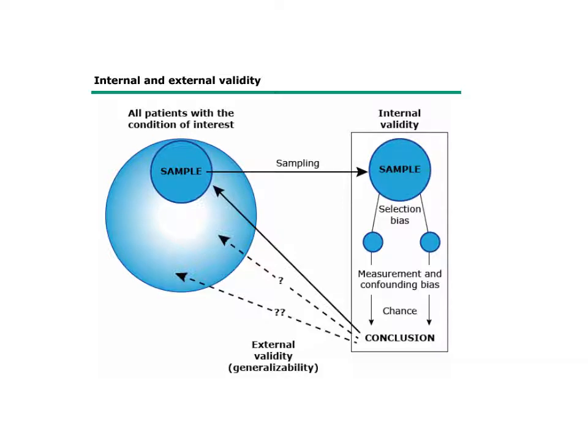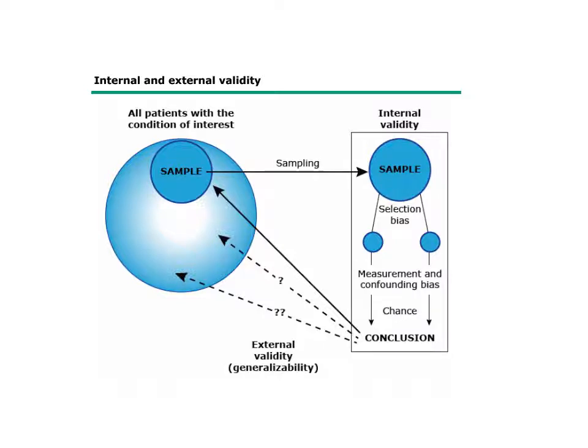Now that almost brings us to the end of the session. So we talked about internal validity. You take a sample from a population that you want to study and hope that this sample actually represents the target population. You do an intervention on that sample.